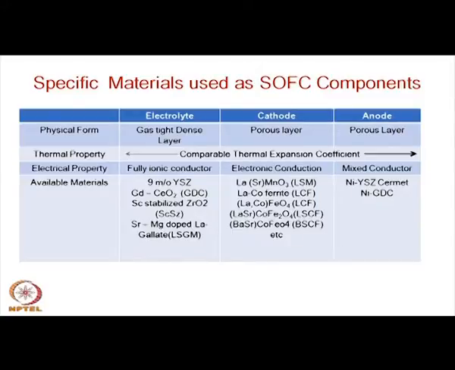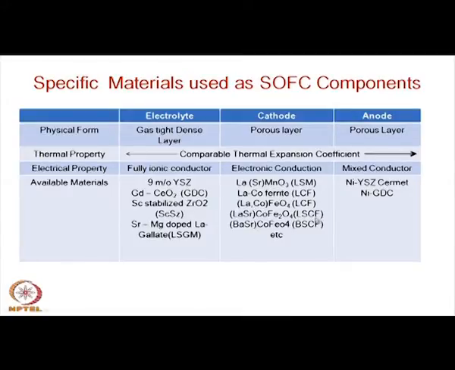In addition, there is another great advantage: the thermal expansion coefficient of lanthanum manganite is not exactly the same as that of YSZ, and by doping with strontium the thermal expansion can be matched with YSZ. That is the reason this is the most common and popular cathode material one uses, both for research and for development of prototypes.